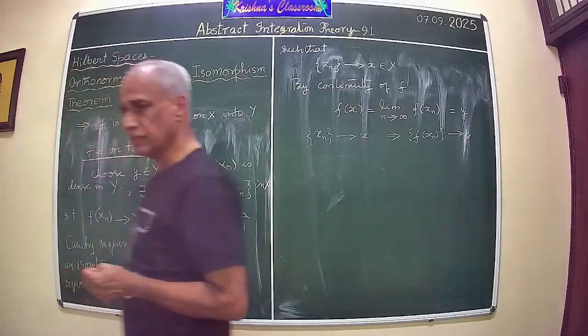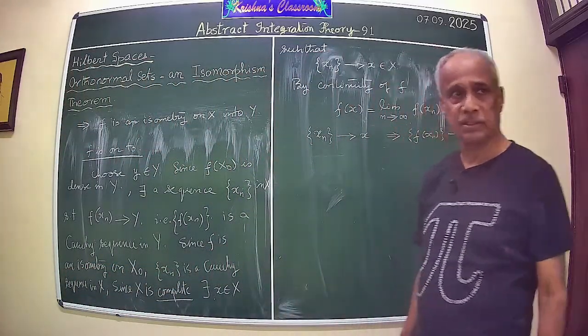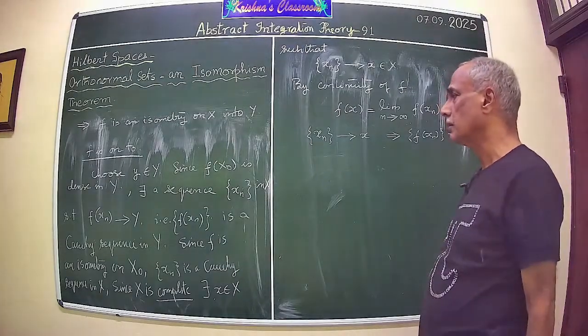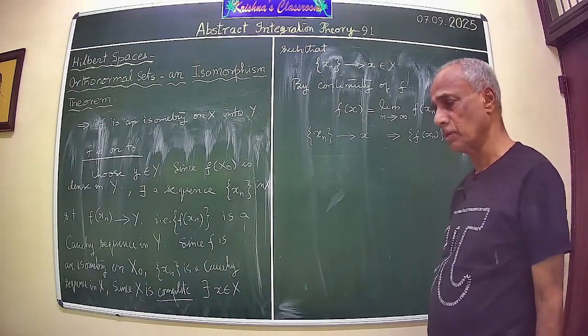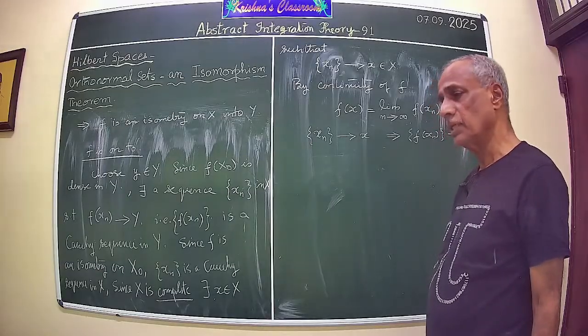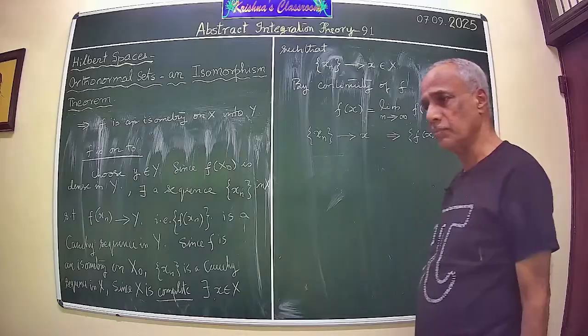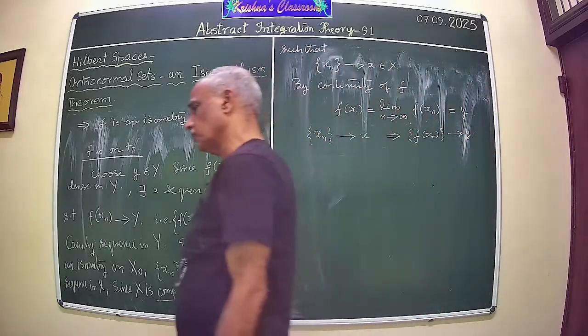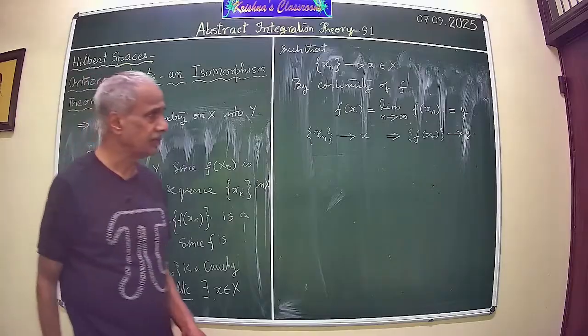So this is a general theorem in the sense that we don't bring in our ideas of linear space structure into the situation. This is valid in a more general setting where even if you assume they are just metric spaces, the result is valid.